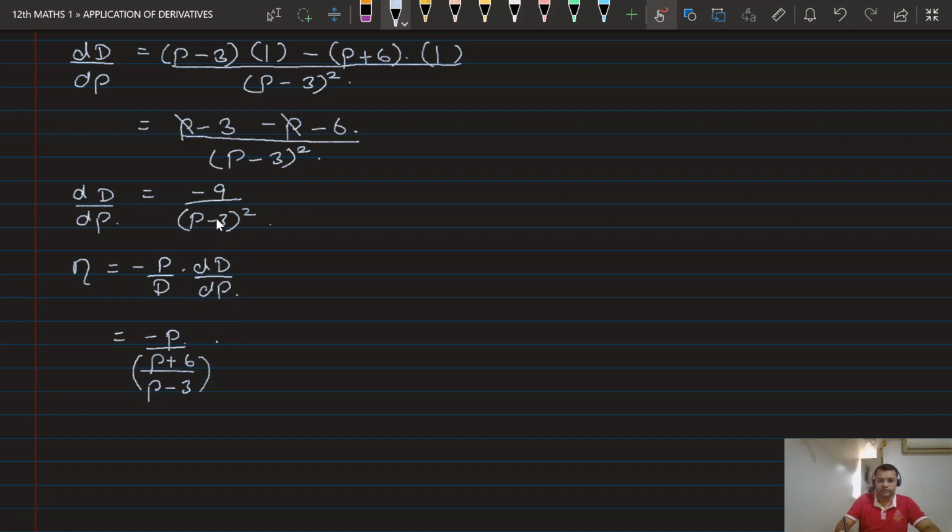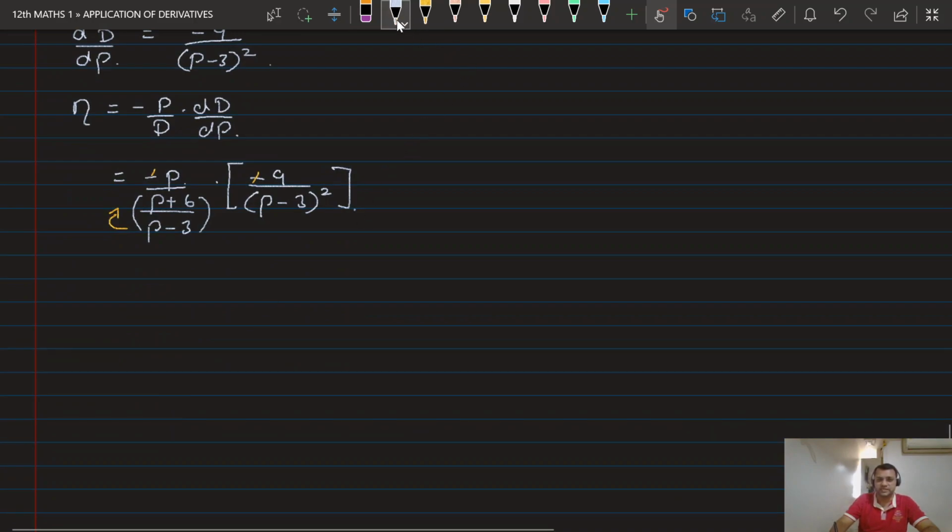And the derivative function over here is negative 9 divided by p minus 3 the whole square. Now this denominator is a fraction, so it will get reciprocal, so p minus 3 will go in the numerator, and negative and negative signs will get cancelled off.